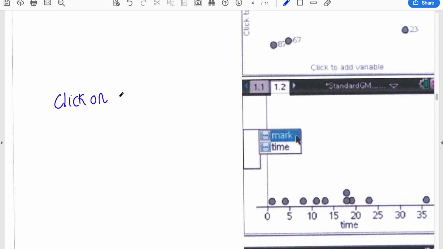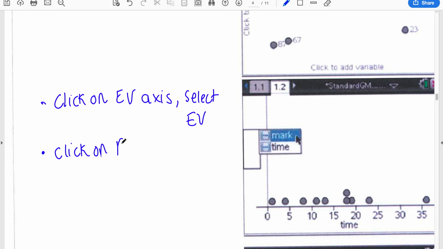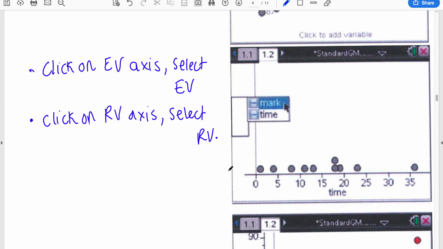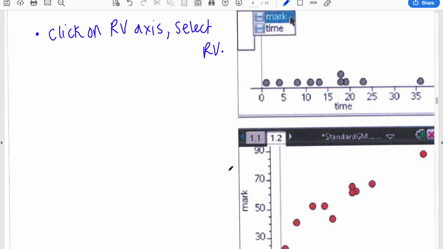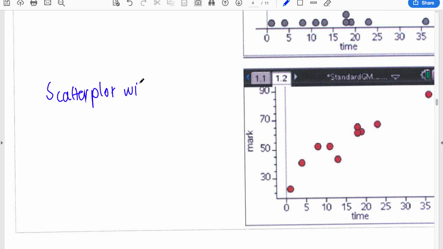So click on your EV axis, select your EV, and then click on RV axis and select your RV. And there we go, your scatter plot will be shown, ready for you to analyze.